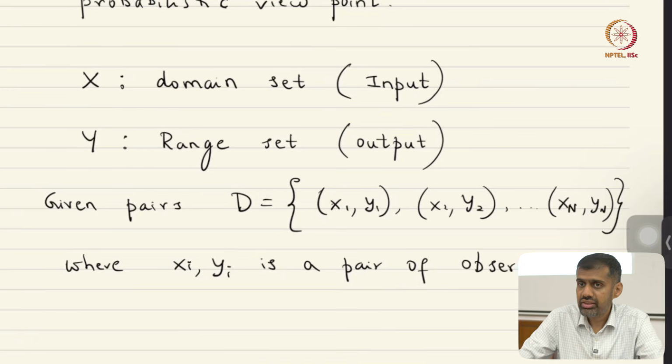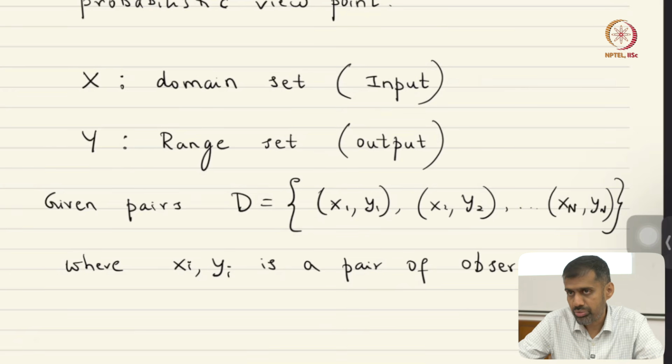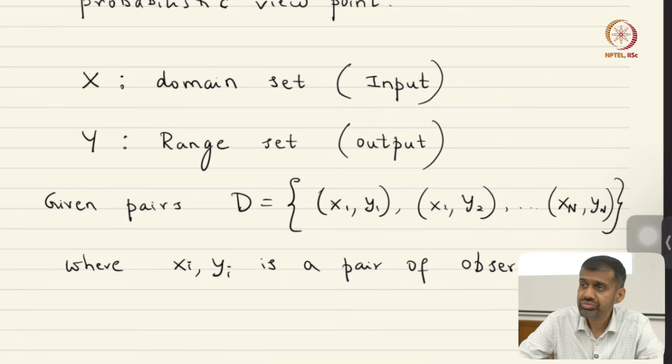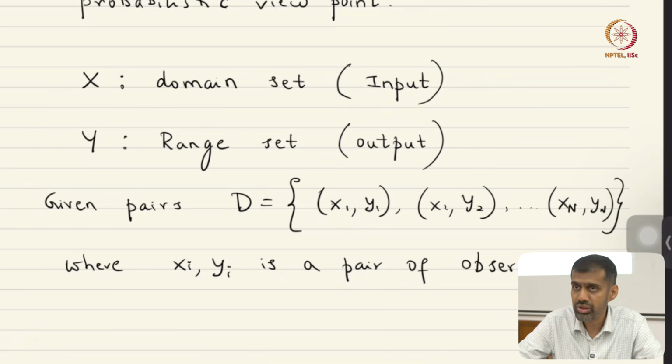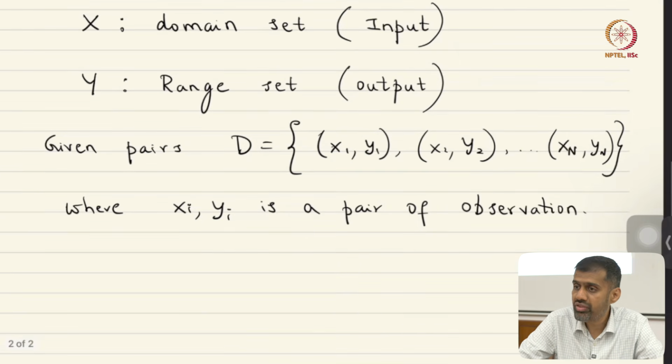Now what is happening is that you are given n pairs of observations xi, yi, where at a mathematical abstraction level, you can simply look at this as elements from two different sets. For every xi, you have a corresponding yi.